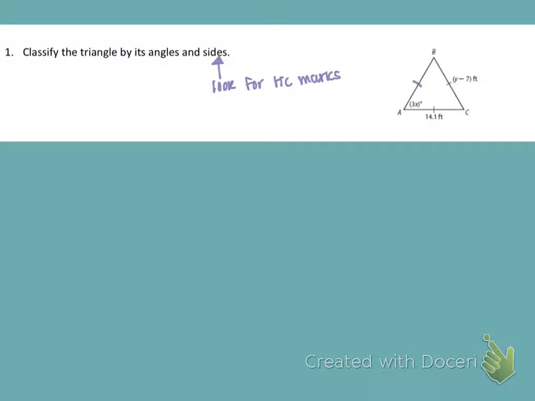In this case, I have 3 of the same amount of tick marks on all sides. Tick marks mean equal. So I have 3 sides that are equal to each other. That means that that is an equilateral triangle.